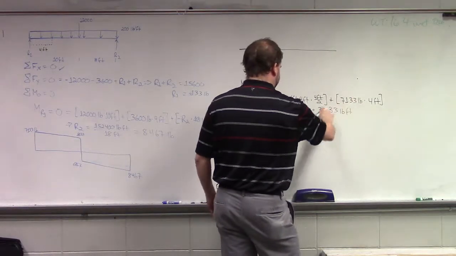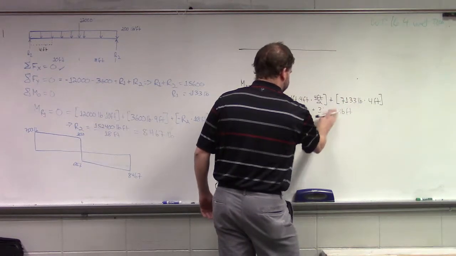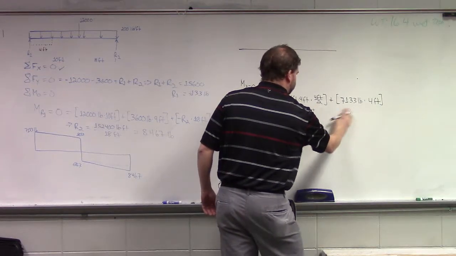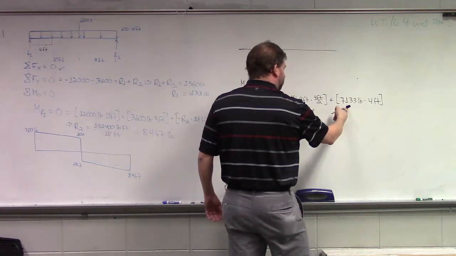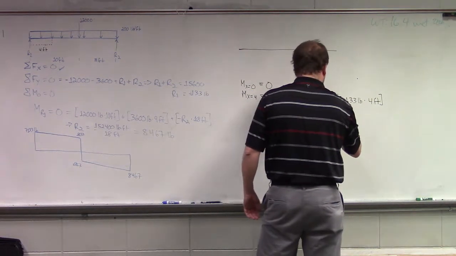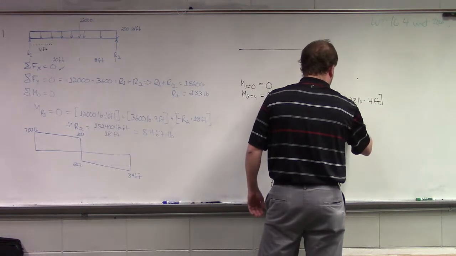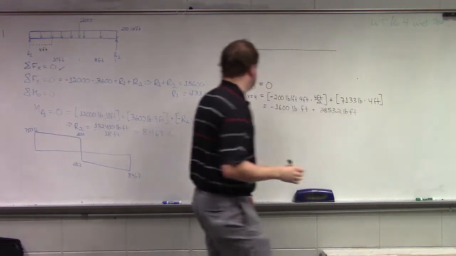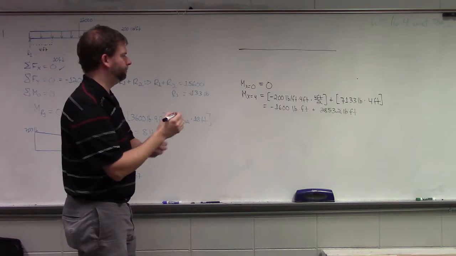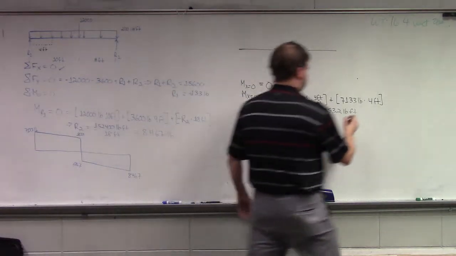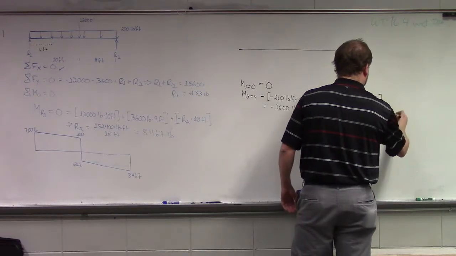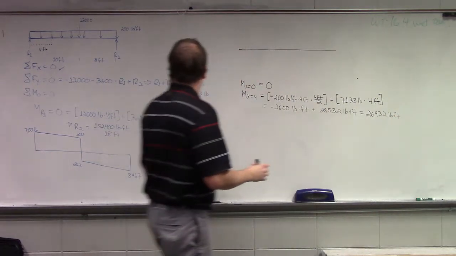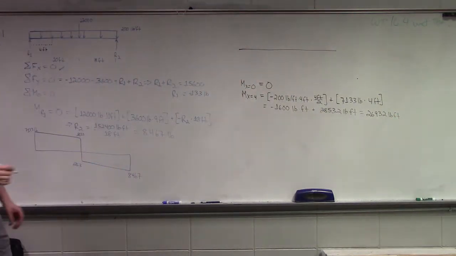Oh, sorry, that's 7,000, so off by an order of magnitude. So 28,000, 28,532. That'll look a little bit better, right? Okay. 26,932. Okay.